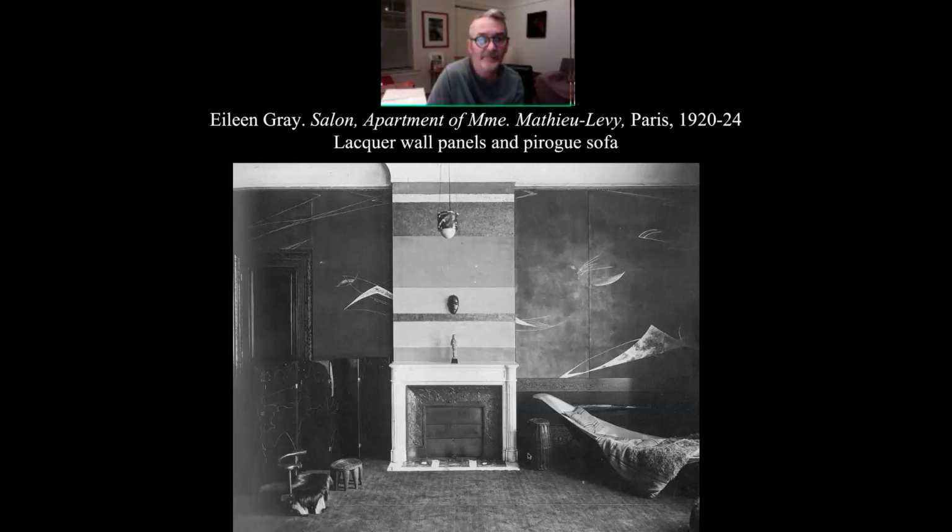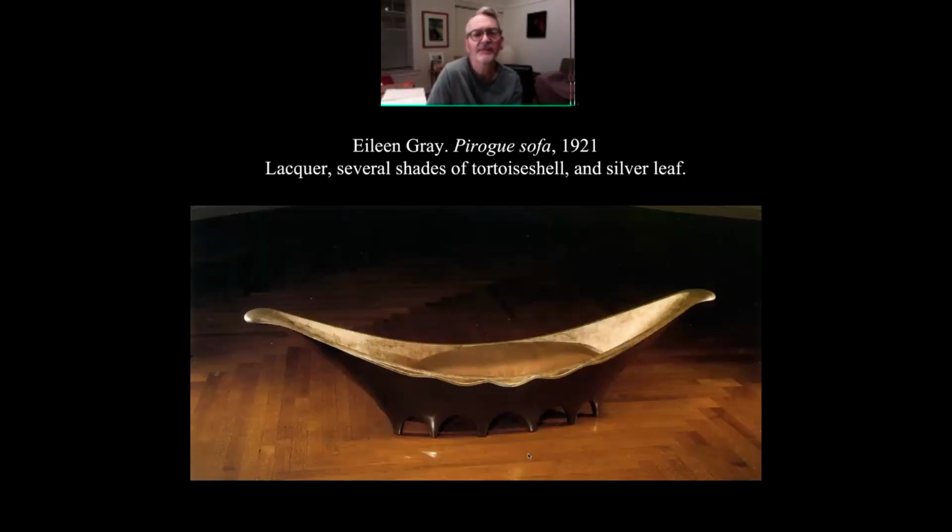Here is an apartment design, and here this very interesting pirogue sofa, which is a type of boat with a cushion in the middle. I think it's very interesting, but that silver leaf on the inside, that's a lot.